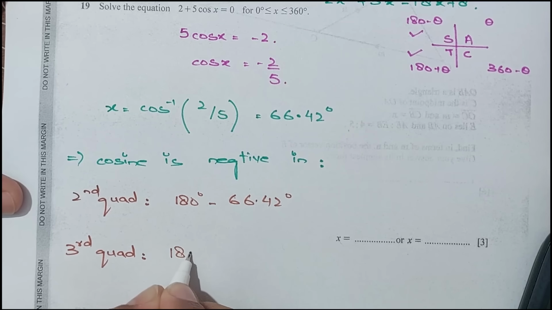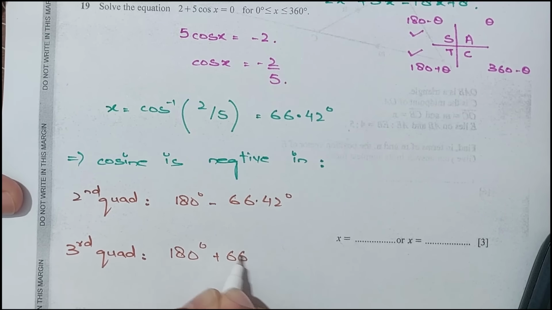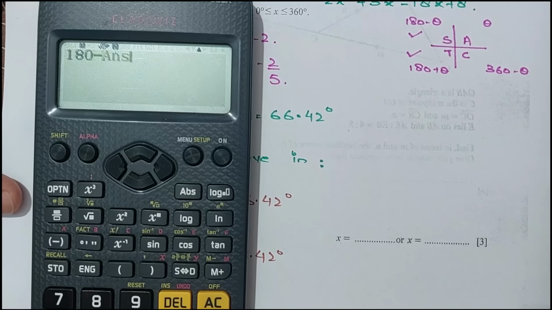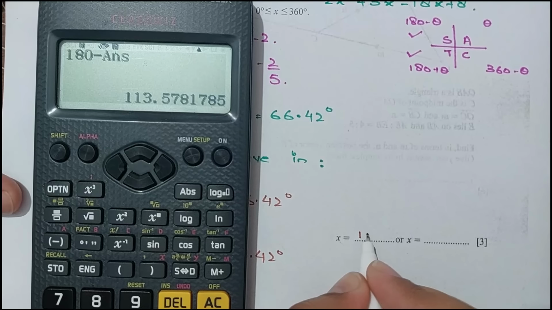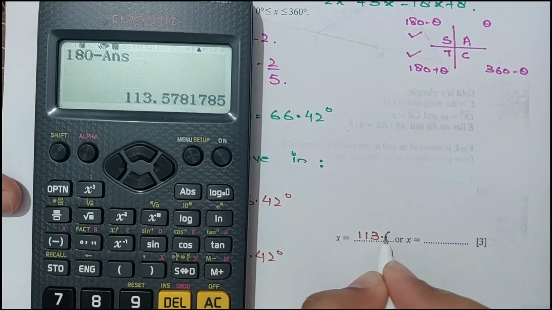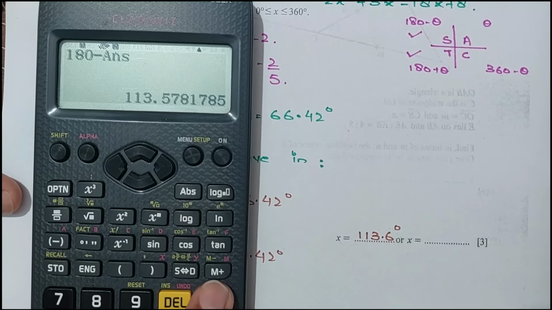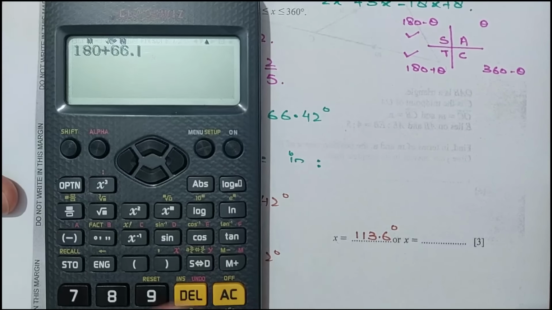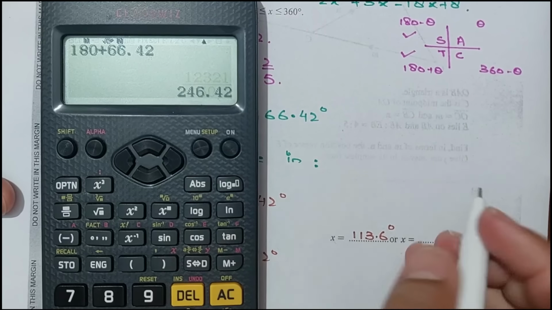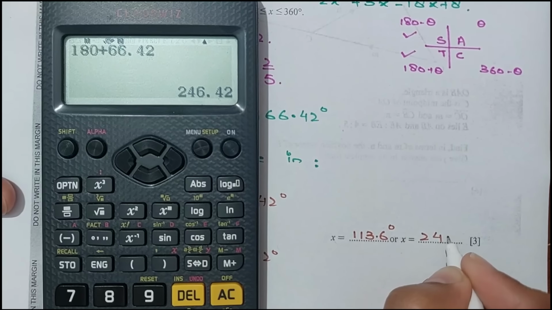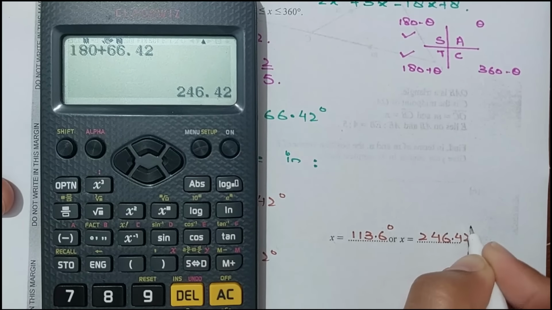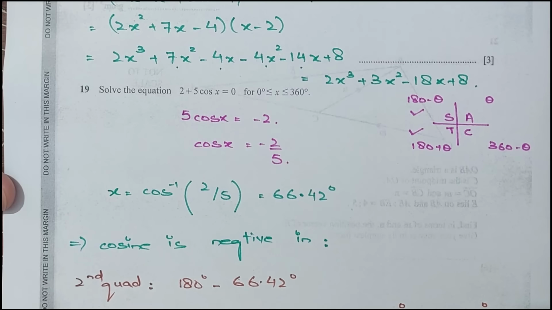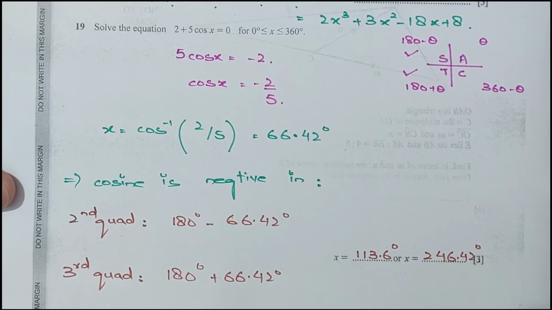For third quadrant, we do 180 degrees plus 66.42 degrees. 180 minus the answer is 113.6 degrees if we round it. And 180 plus 66.42 is 246.42 degrees. These are the two solutions for the equation between 0 and 360.